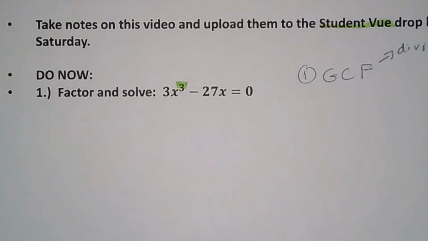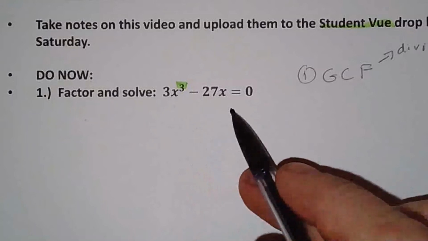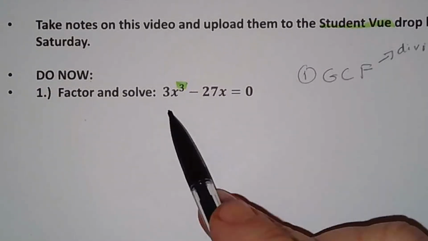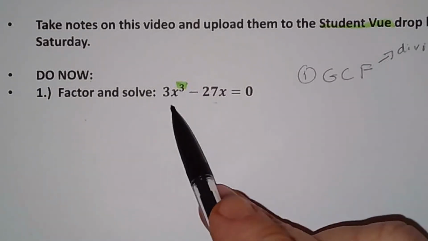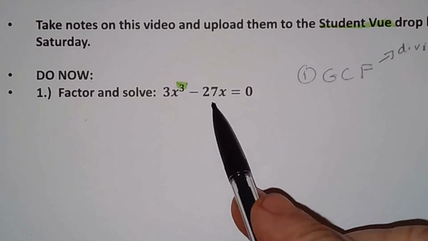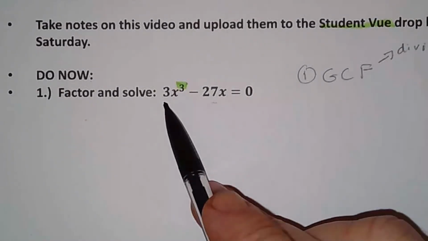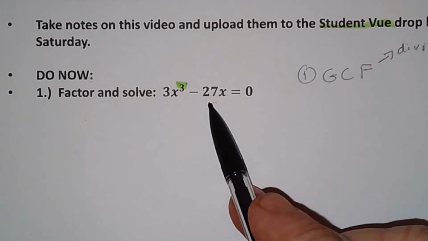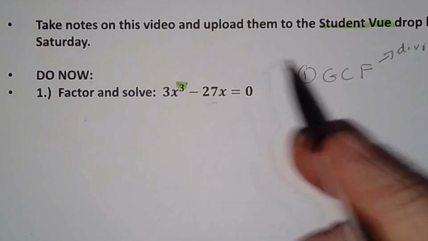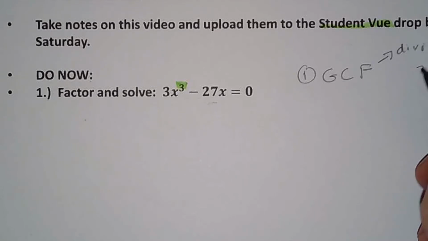And what are we going to factor out of this? We'll look at each term. It looks like we have an x in each one, so we can factor that out. We also have a 3 here, and you can note that 3 can also be divided into negative 27. So we can factor out 3x.